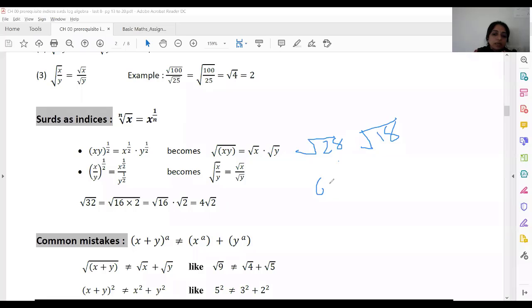Square root of 28, that is square root of 4 into 7.